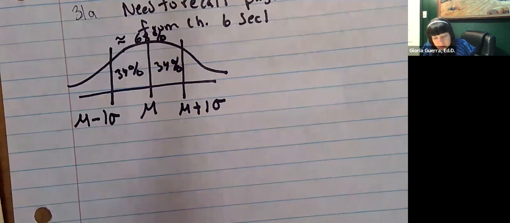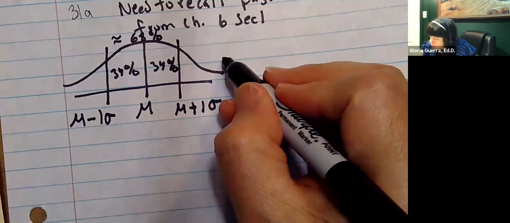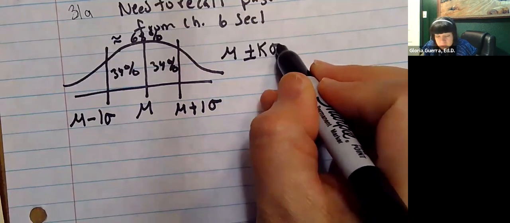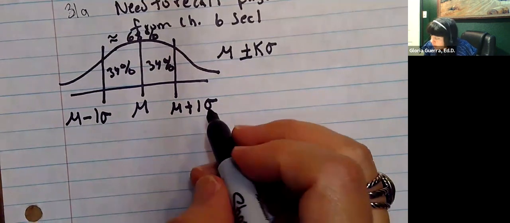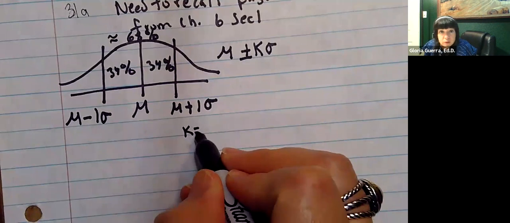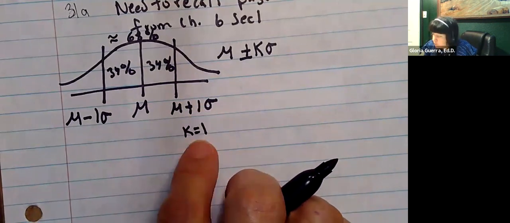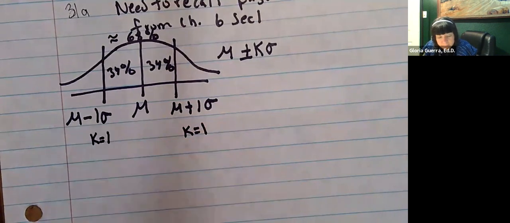And then I also have mu plus or minus k times sigma. And then I have over here that k is 1. K is 1 there. Okay.